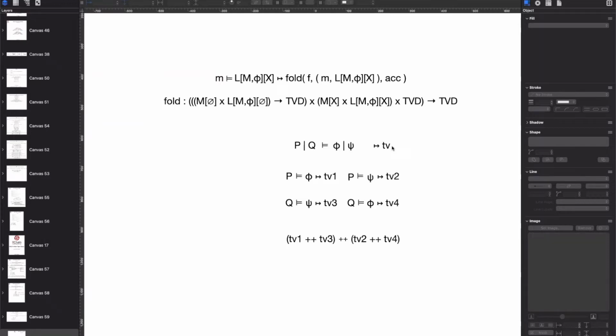And again, the whole point of the collection semantics is that it allows us to consider a wider range of truth values than just true and false.